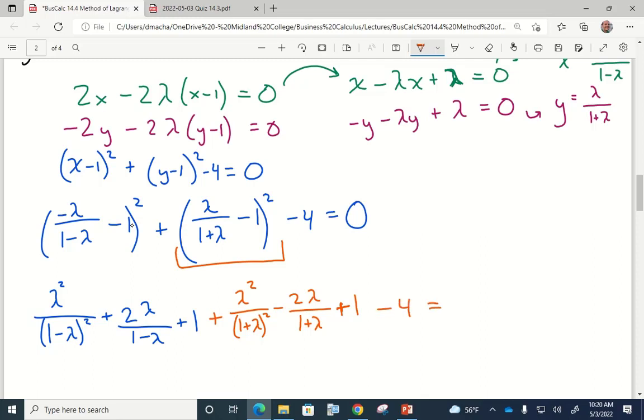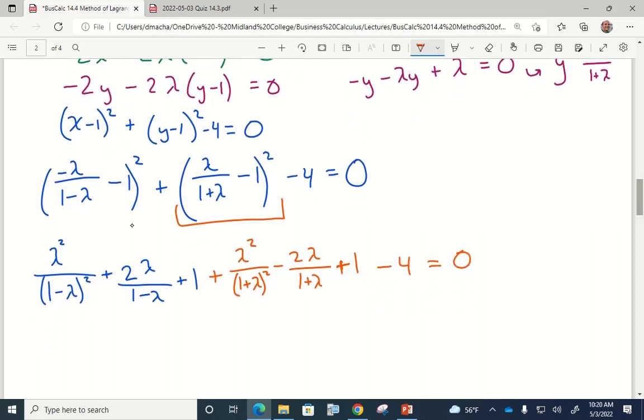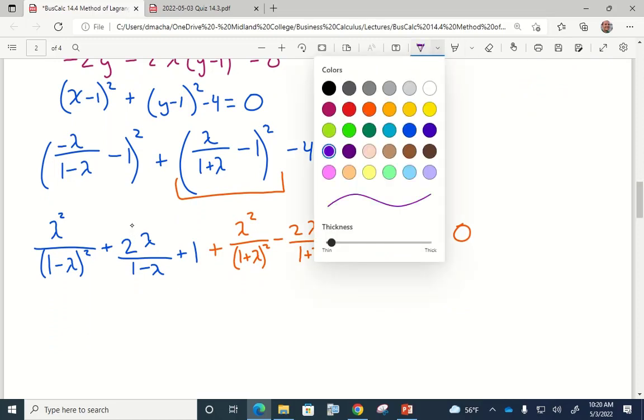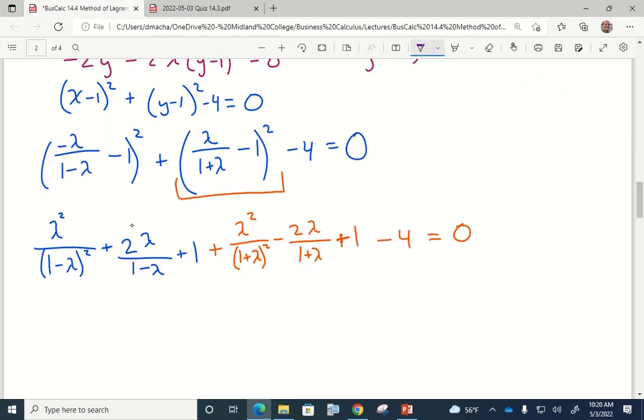Finally, minus 4 equals 0. So some of these are difficult problems.